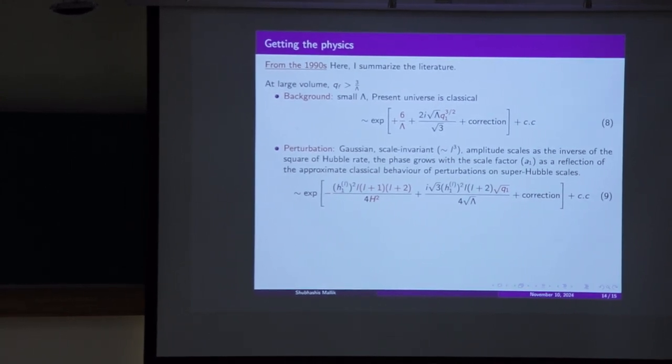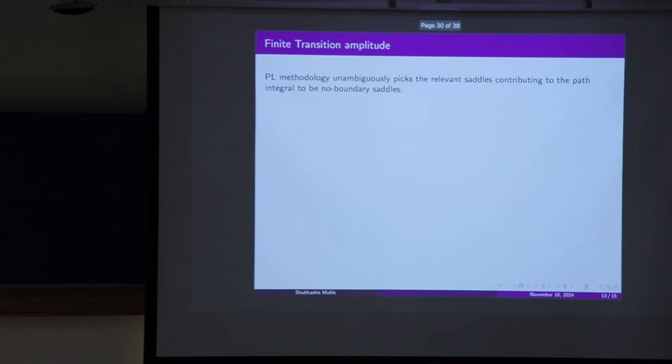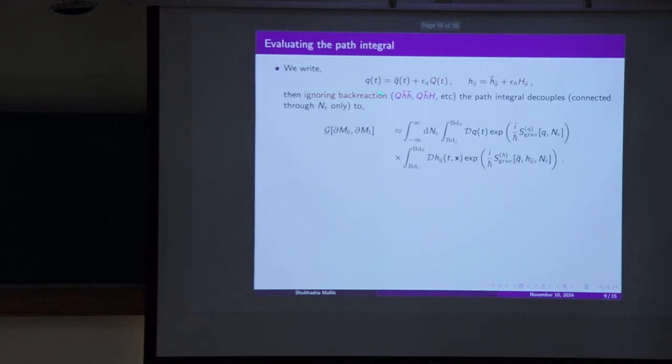You neglected that back reaction, but those are just cubic terms, right? Yes, those are just cubic terms. Basically, you are truncating the action to quadratic order. It's not back reaction, it's just truncating to the quadratic fluctuations. Like you said, Q H bar Q H bar is neglected, right?